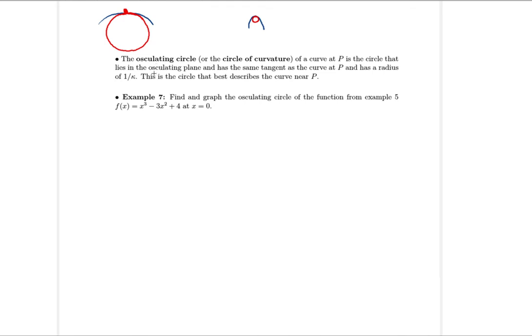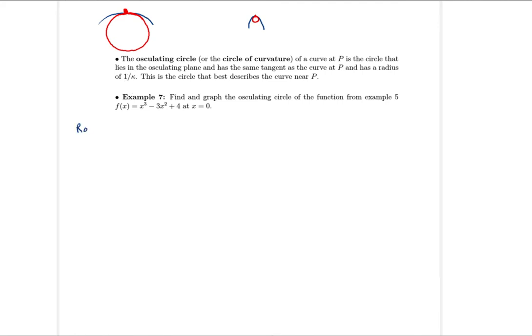Osculating circle. Osculating kind of means like kissing. So it just barely kisses this point that we're interested in. And so the idea is the smaller the radius of our osculating circle, the higher curvature we have. And so the radius of this osculating circle is 1 over the curvature.